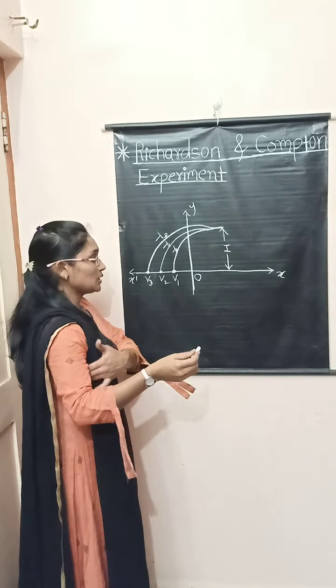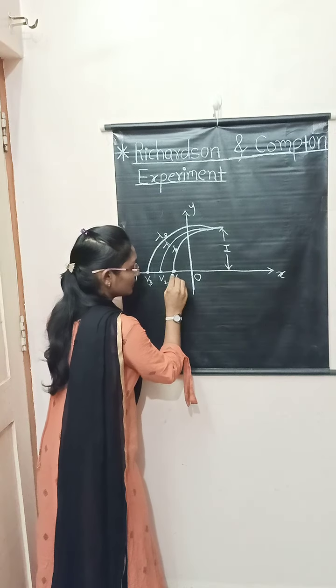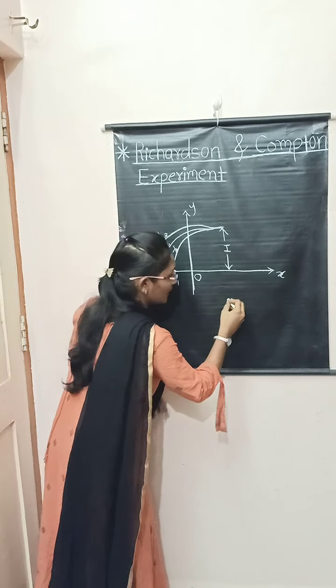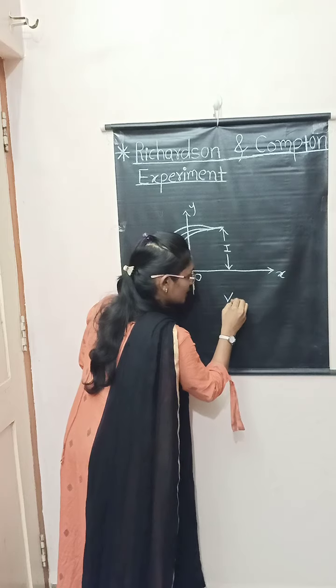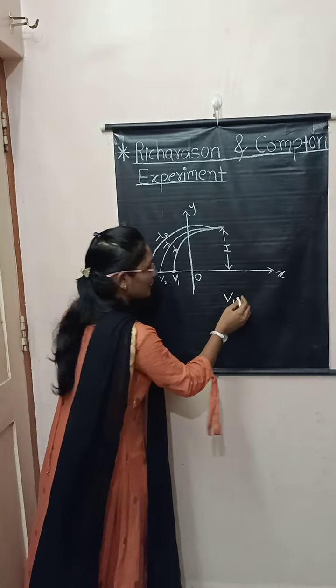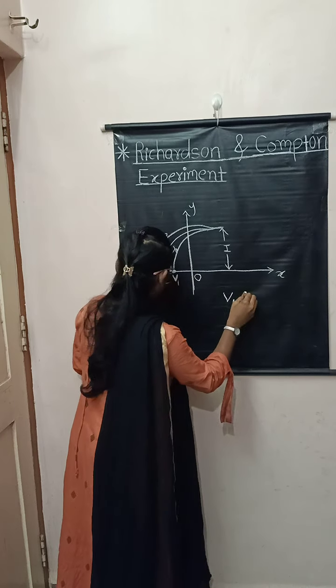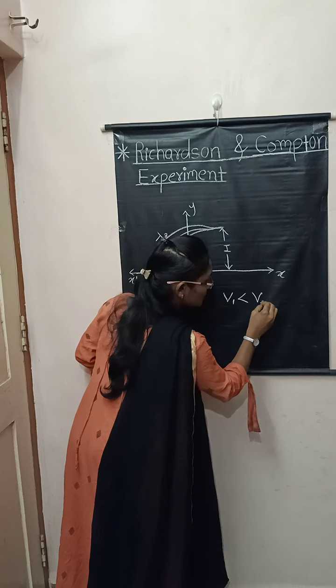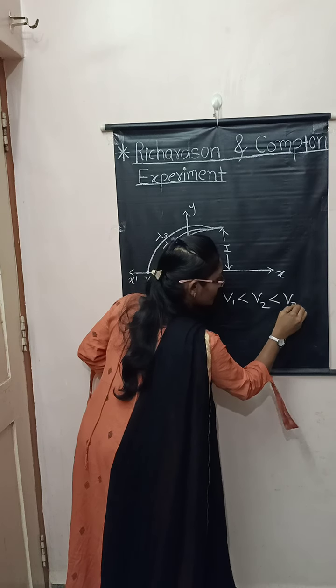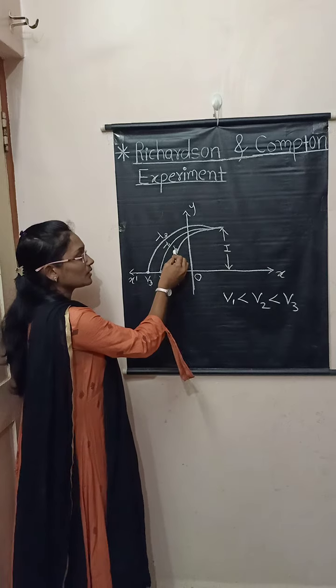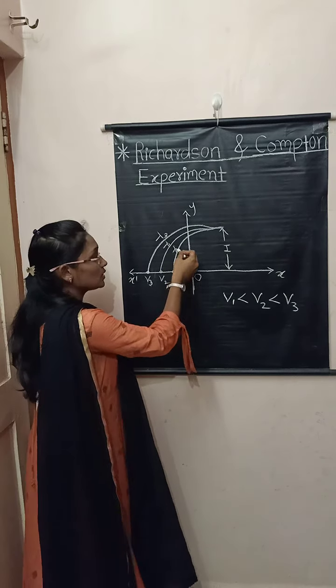So when the velocity increases like V1, V2, V3, the wavelength also increases.